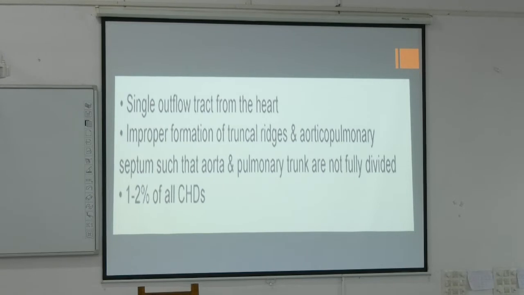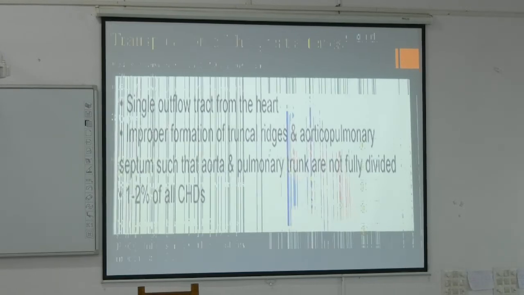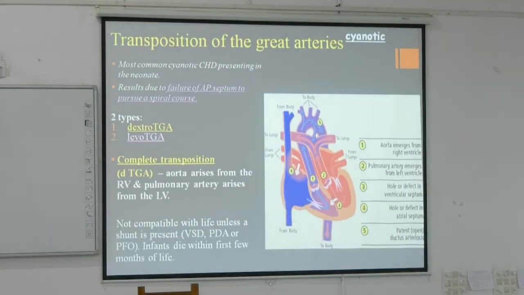The second variety which can happen is where the spiraling of the aorta and the pulmonary artery is not taking place. So normally we say there is a failure of the aorticopulmonary septum to pursue a spiral course. If you have a non-spiraling of this aorticopulmonary septum, we have a transposition of the great vessels. What is the transposition of the great vessels?